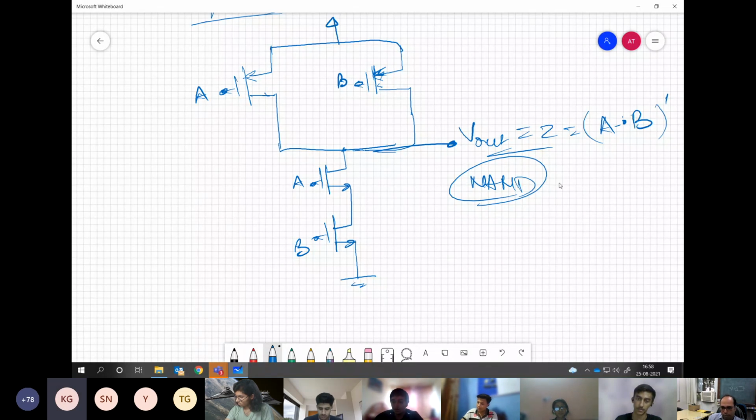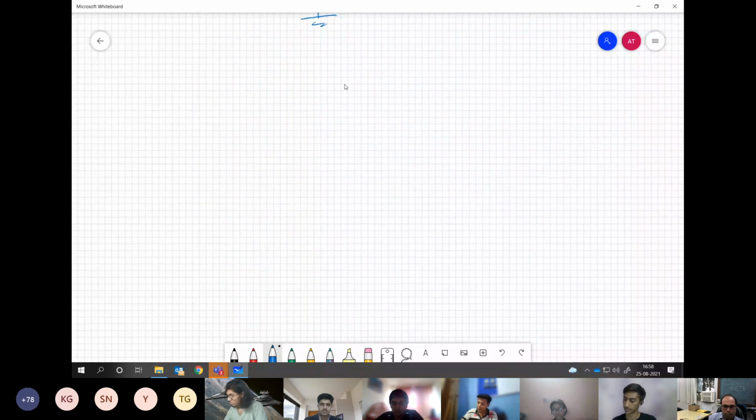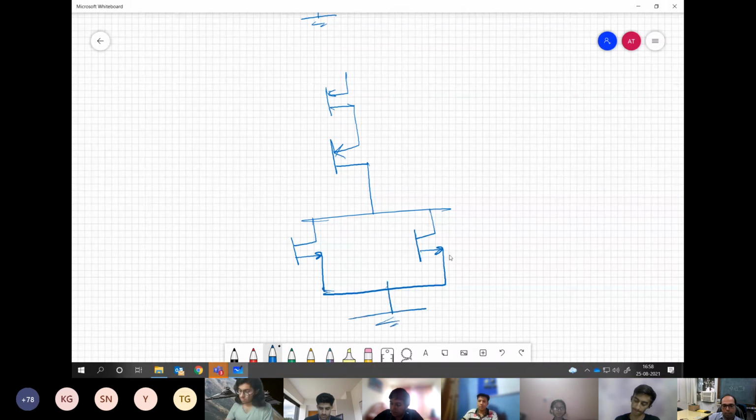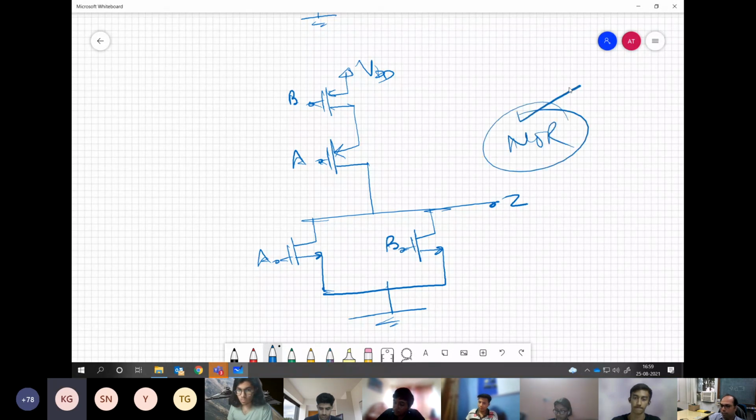NAND gate. Okay. Let us see the other one. Here I connect the PMOS in series and the NMOS in parallel. Okay, now what is this? NOR gate. Yes. Is that fine?